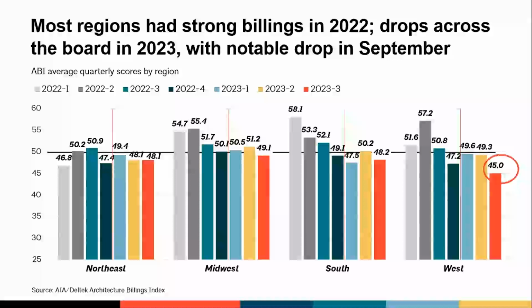You can see in California, which is the biggest state making up the West number, big drops in billings in the last 2 months. We're seeing that across the board, but that's the biggest drop, as you can see here. Contractors keep their eye on those billing declines, investors keep their eye on them, because this does predict a slowness in the market in 9 to 12 months.